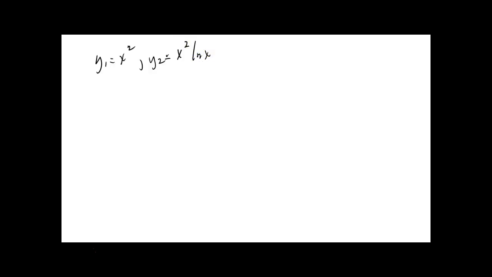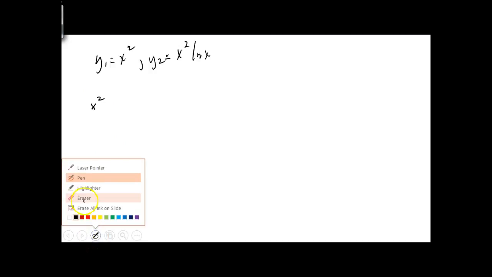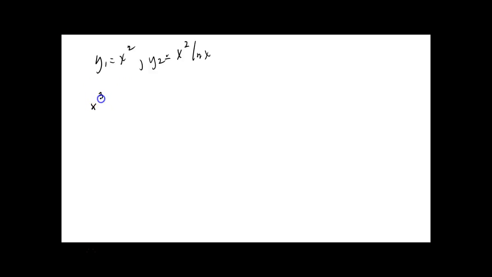Now, their claim is both are solutions to the homogeneous linear equation x cubed y triple prime minus 2x y prime plus 4y is equal to 0.